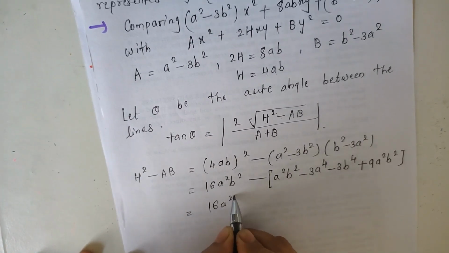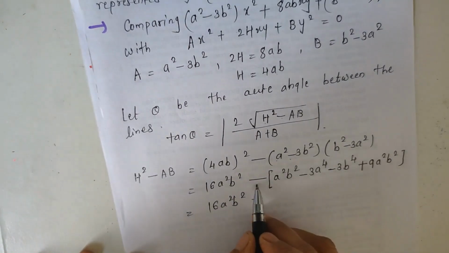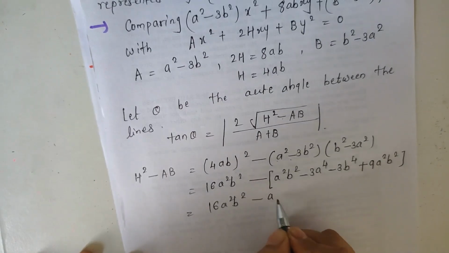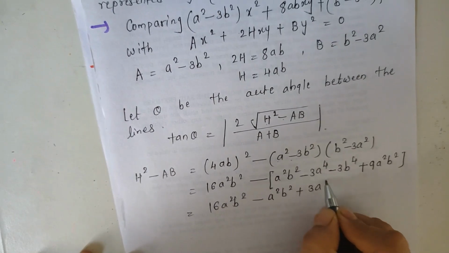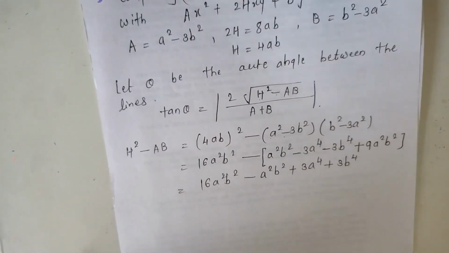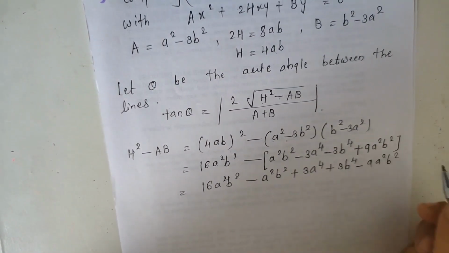Now 16a square b square as it is, and changing the sign in the bracket, we get minus a square b square plus 3a raised to 4 plus 3b raised to 4 and minus 9a square b square.